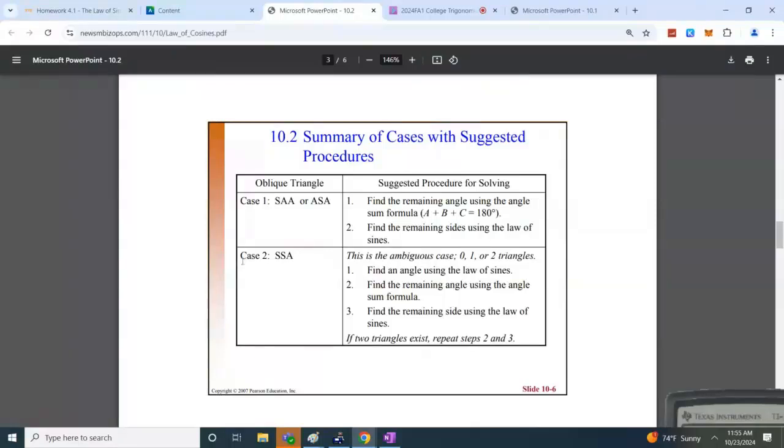Case number 2 is the side side angle, that's the dirty word spelled backwards, the ambiguous case. And it says find an angle using the law of sines. Find the remaining angle using the sum formula. Find the remaining side using the law of sines.